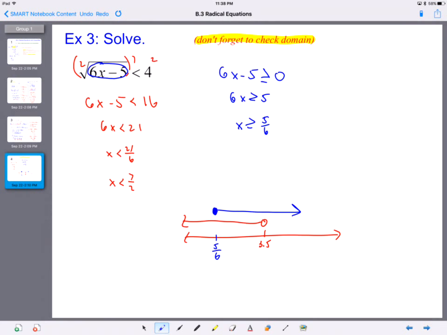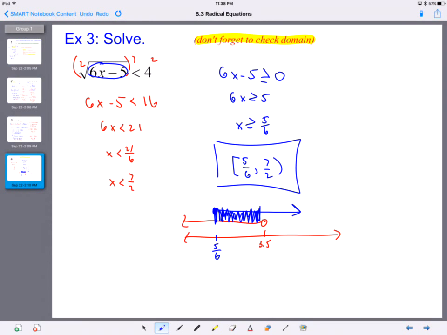So the only values that we want to include as solutions are all these values between 5/6 and 3.5. So our solution at the very end is x is greater than or equal to 5/6 and less than or equal to 7/2.